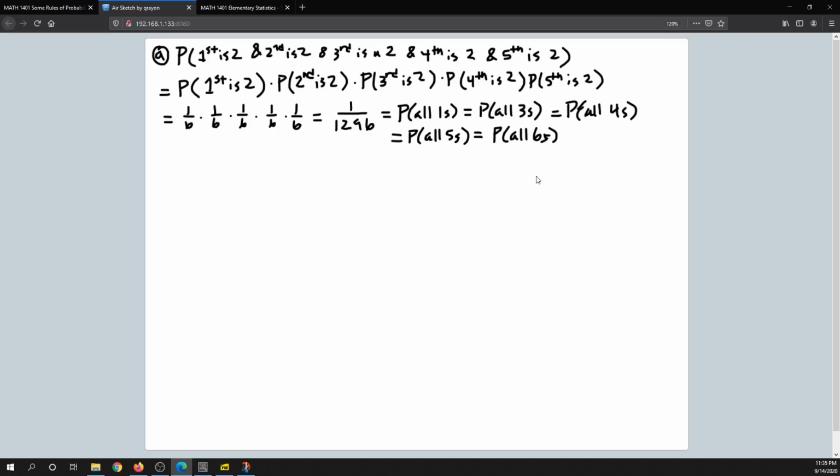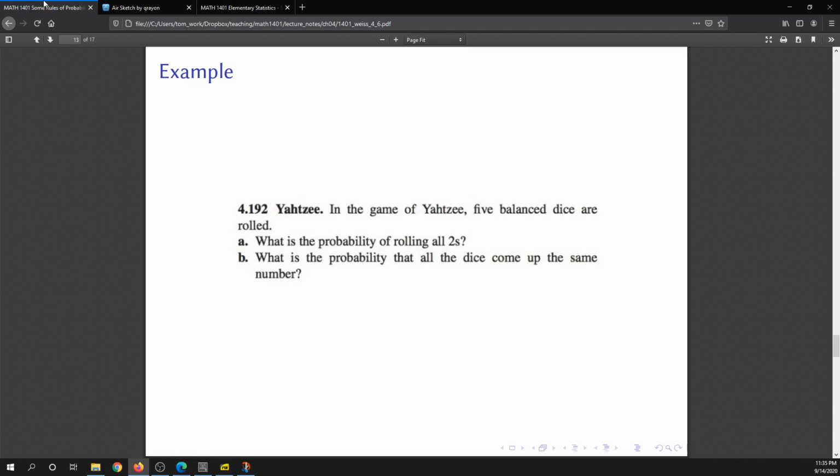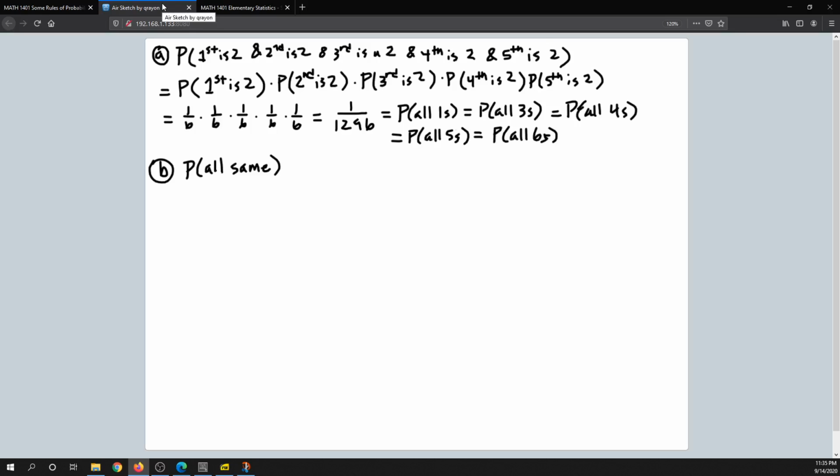And part B, what they want to know is, what is the probability that all the dice come up the same number? All right, so I'll write that as all the same. So we want to calculate the probability of all the same.